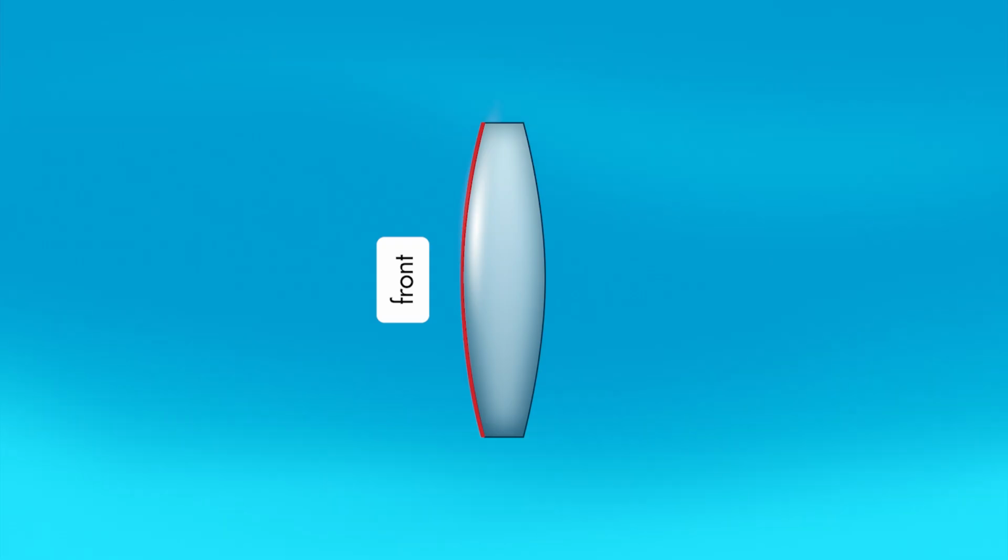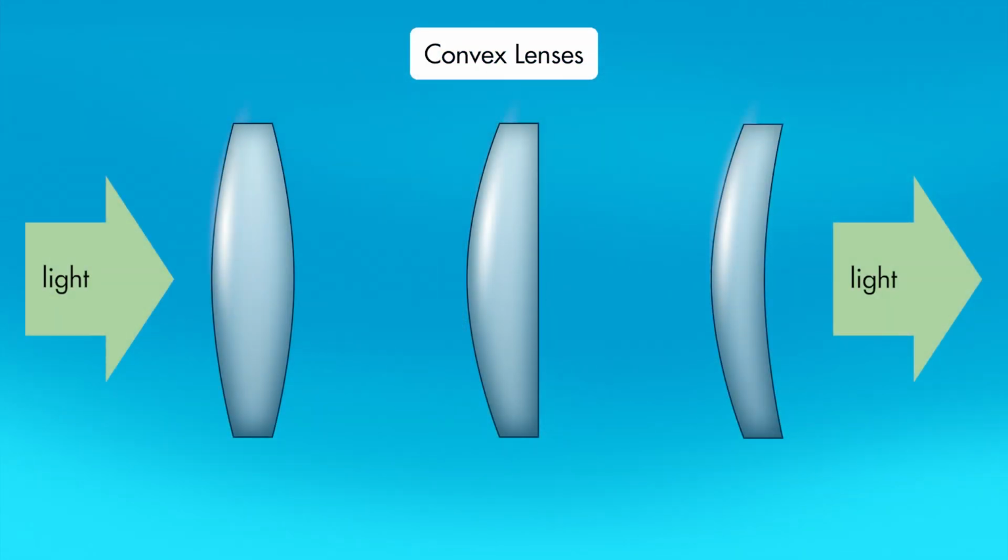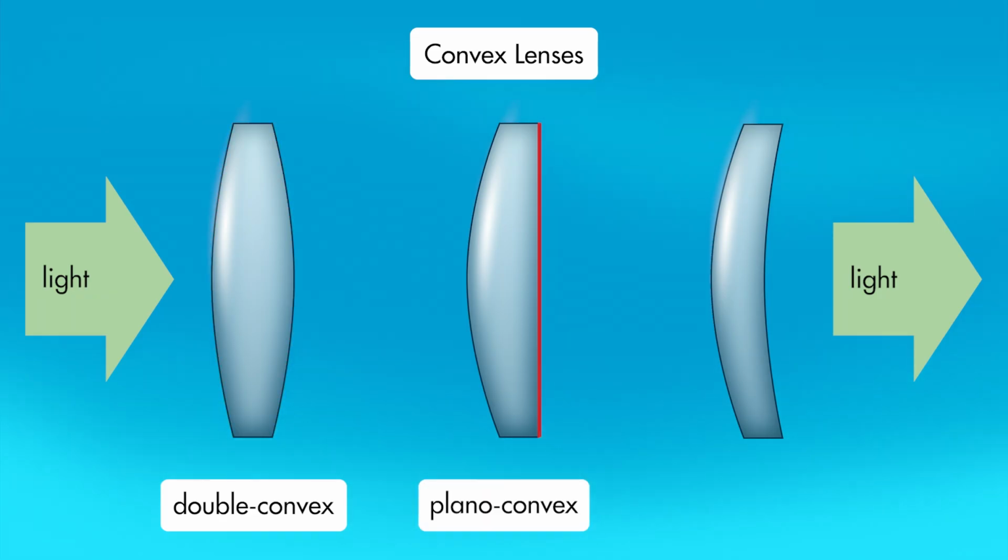If the front surface of the lens curves outward, away from the center of the lens, it is convex. A convex lens that is convex on both surfaces is a double-convex lens. A convex lens with a flat surface on the back is a plano-convex lens. A convex lens with a concave surface on the back is a concave-convex lens.